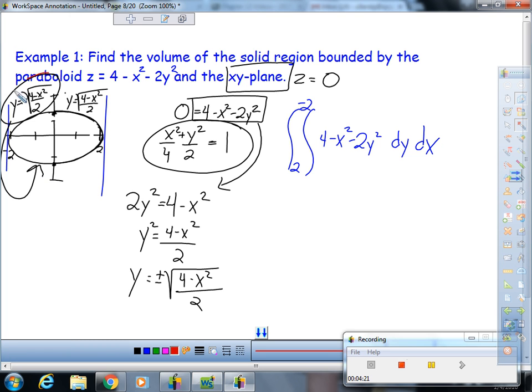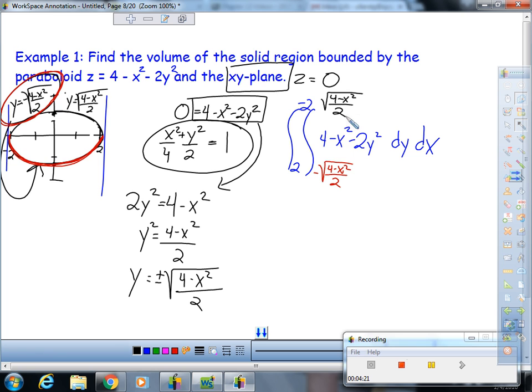So this equation would represent this portion. No, I had that right in the first place. That's good. These are my y's. All right, so it goes from negative radical of 4 minus x squared over 2 to positive radical of 4 minus x squared over 2. Okay, so that's our iterated integral setup, just like this.